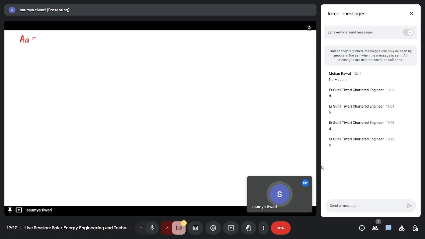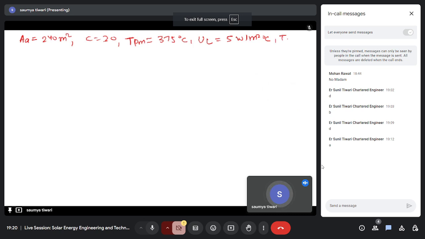Area of aperture was given 240 meter square, concentration ratio was 20, mean absorber temperature 375 degrees Celsius, overall heat loss coefficient 5 watt per meter square per degree Celsius, ambient temperature 25 degrees Celsius, and beam radiation 650 watt per meter square.